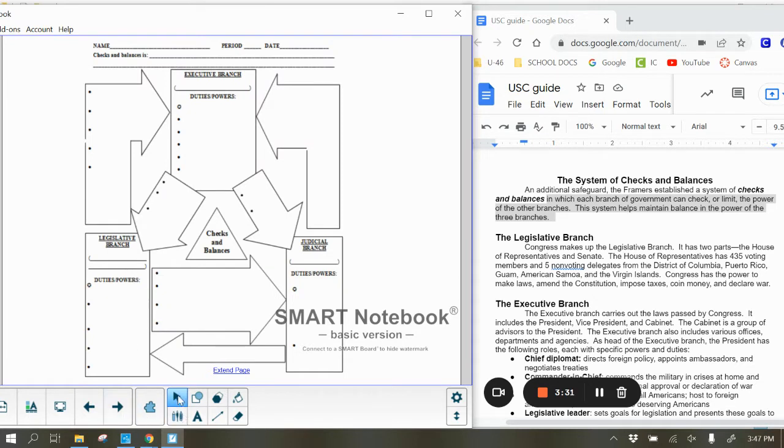You are going to be writing this information here, and here. So the star is going to be the main duty, and here should say Congress, House of Representatives, and Senate.